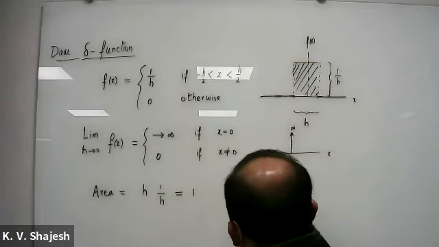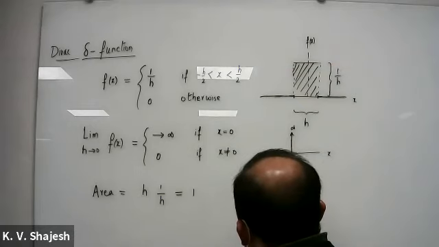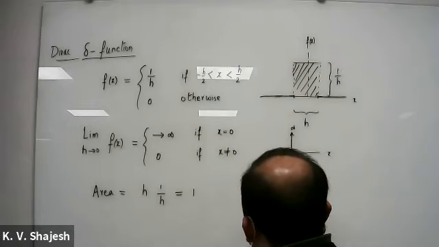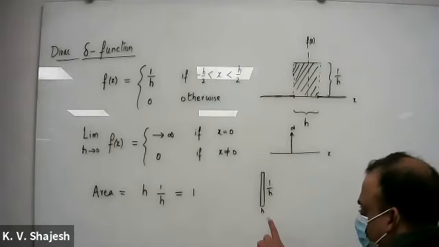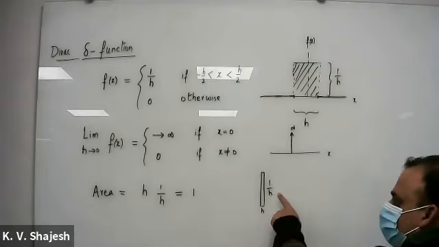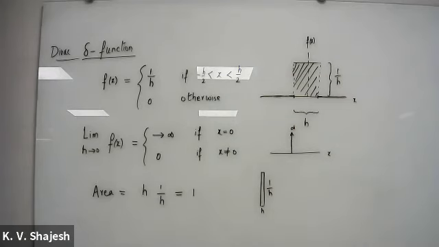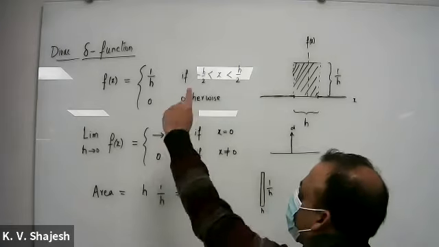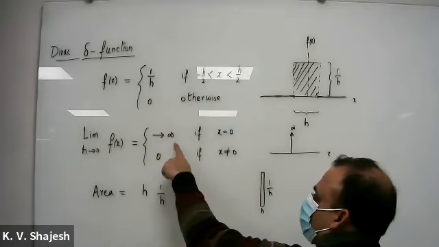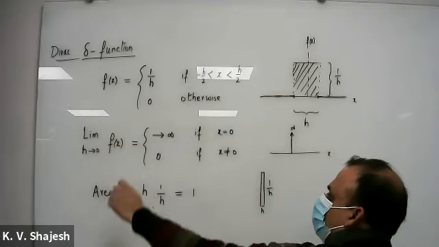So there is a rectangle we are talking about, whose height is pretty much 1 over h, and this width is h, which gets smaller and smaller. This is 0 times infinity, that's equal to 1, right? So that's the special feature about this delta function, that it is not any arbitrary infinity. It always tries to cancel that h in it.